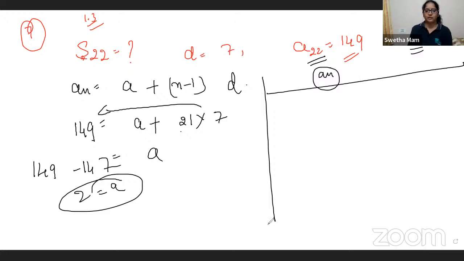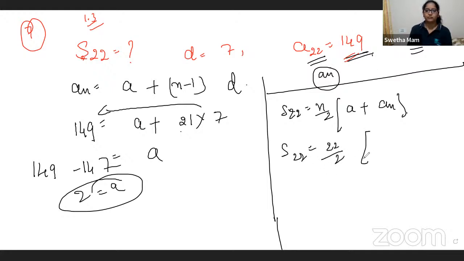Now use the Sn formula. Okay, so S22, we have to find the sum of 22 terms, right? So what is the formula? n by 2 into a plus, can we use An? Yes, because we have the last term, that is 149. So S22 is equal to n is 22 by 2, a is 2, and An is 149.